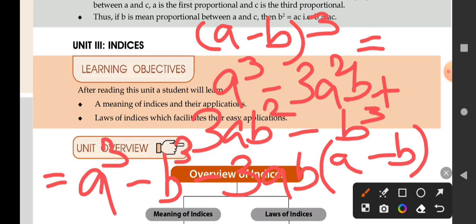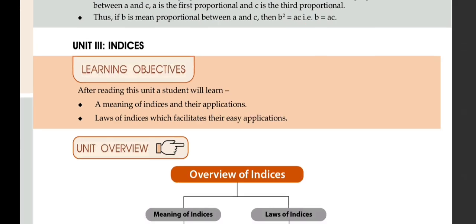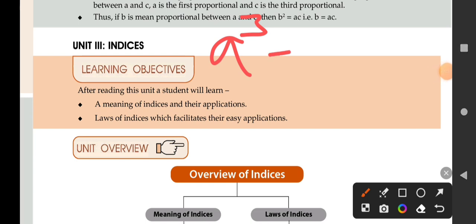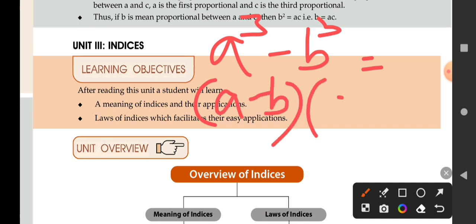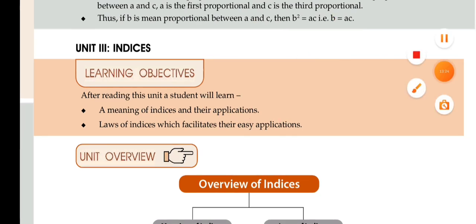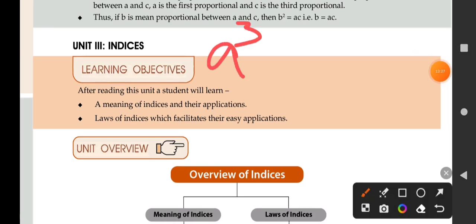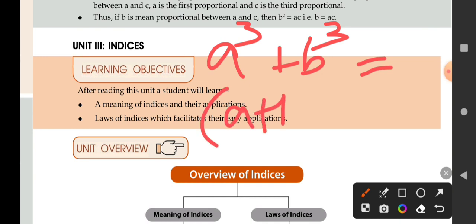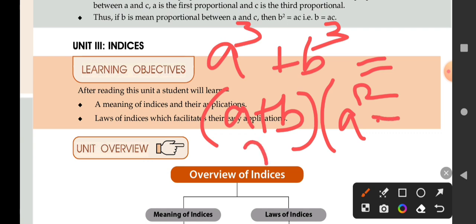Next formula, a cube minus b cube is equal to a minus b and a square plus ab plus b square. Okay. And what about a cube plus b cube? It is a plus b into a square minus ab plus b square.